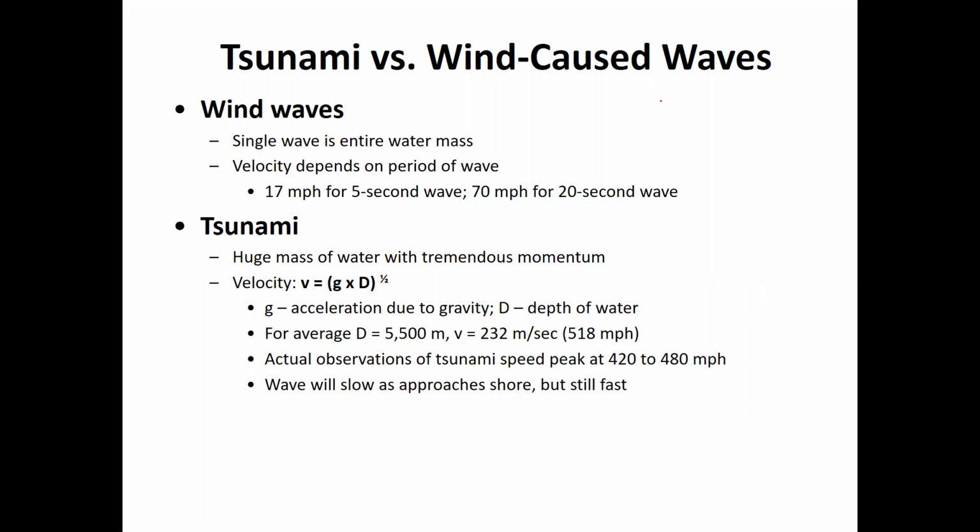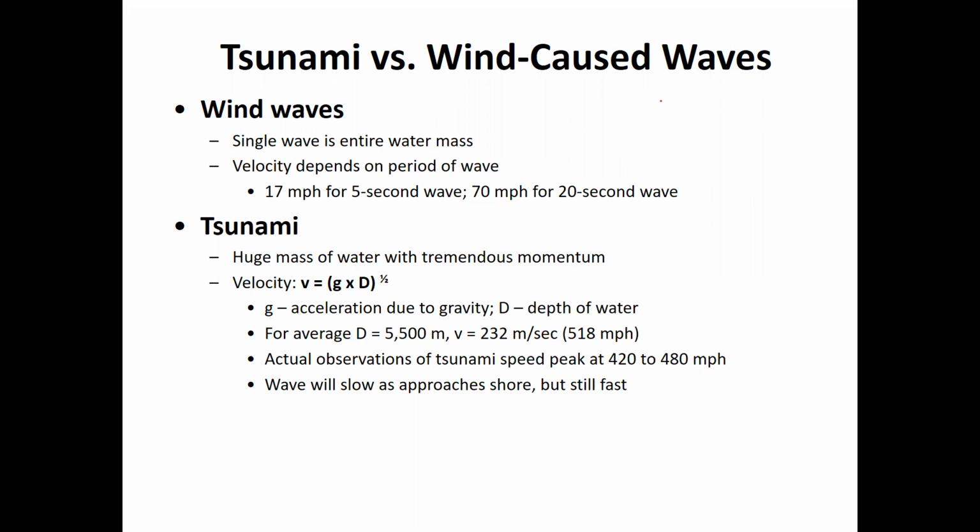However, with a tsunami, the entire water column is involved with the wave. Because of that, the speed or velocity of the wave is a function of the water depth. The velocity v can be calculated by taking g, the acceleration due to gravity, multiplying it by d, the depth of the water, and then taking the square root.